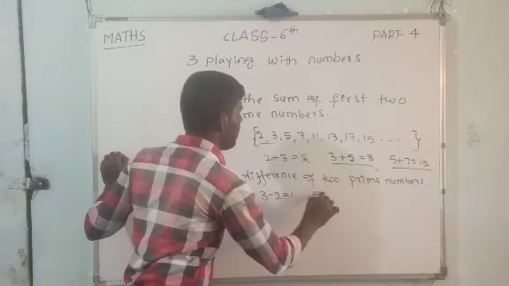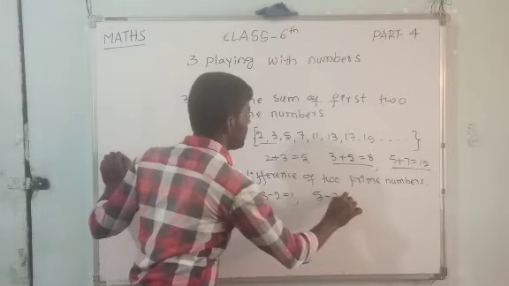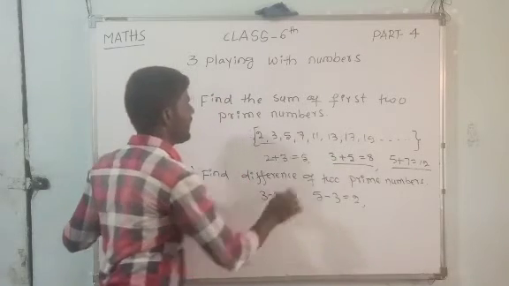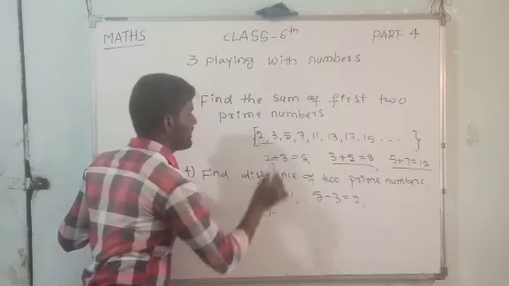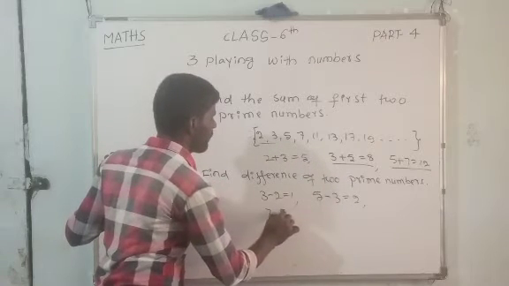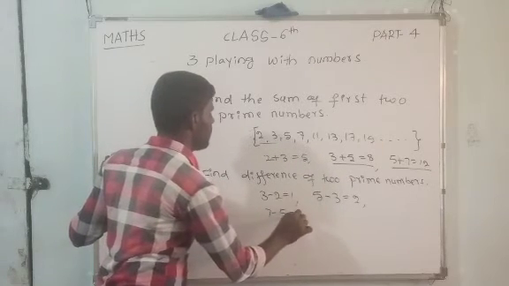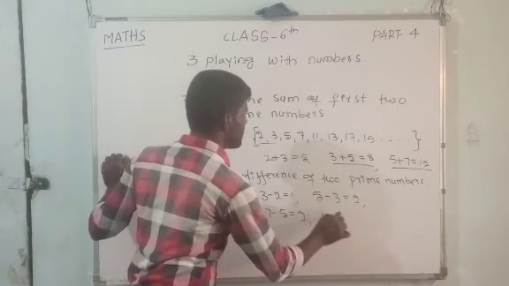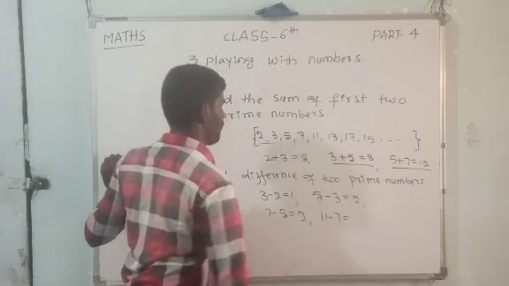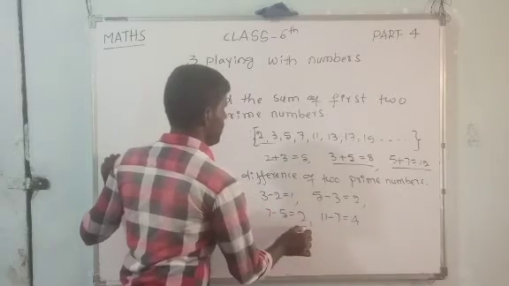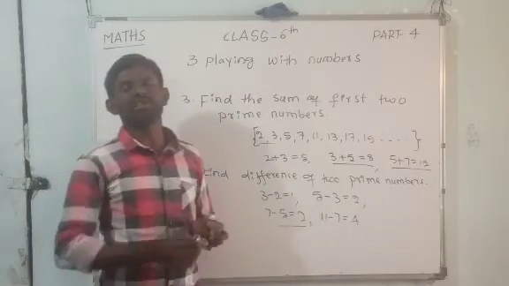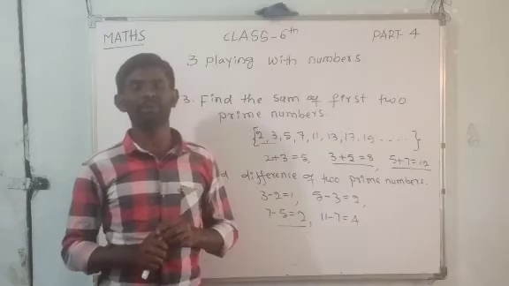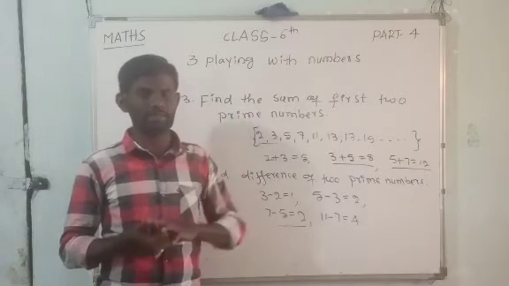Then 5 minus 3 equals 2. Then take the next, 7 minus 5, that equals 2. Then take the next, 11 minus 7, that equals 4. Yes, with this we conclude that the difference of any two prime numbers is not constant.